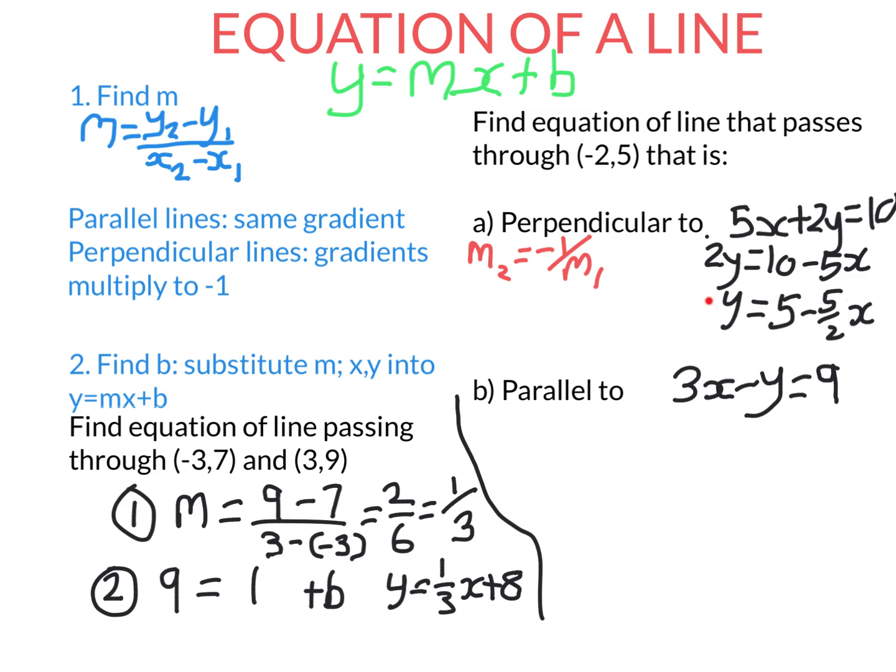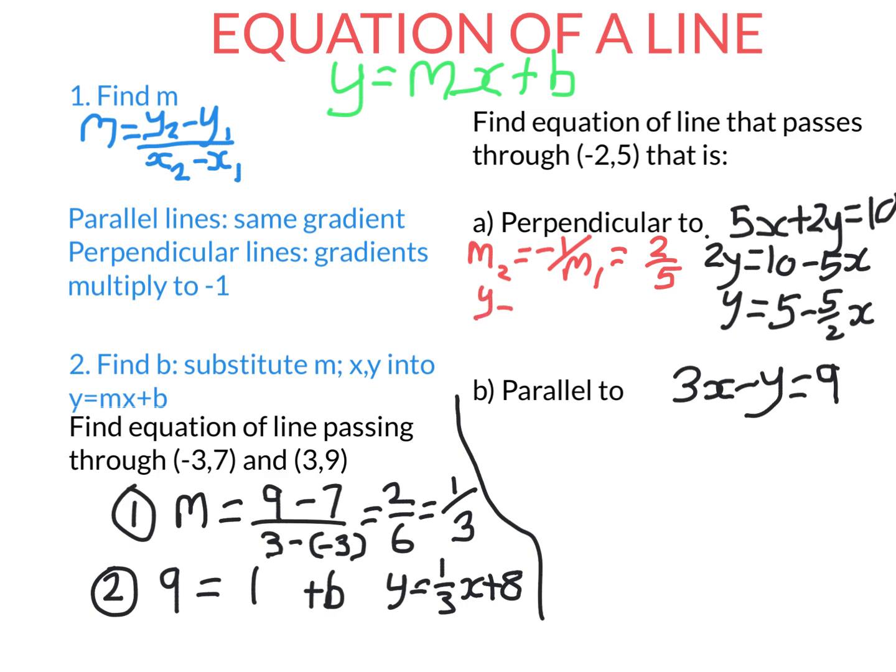So the gradient of any perpendicular line is -1 over -5/2. When you do -1 over a fraction, you simply flip the fraction and change its sign. So any line perpendicular to this line must have gradient 2/5. So I've actually done step 1 and found the gradient. Now I need to find the y-intercept.